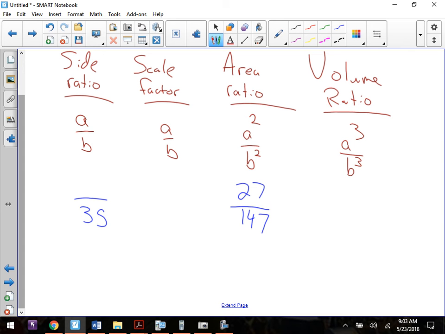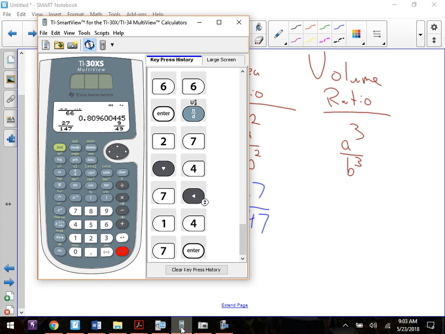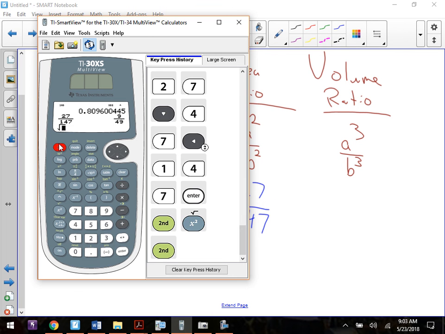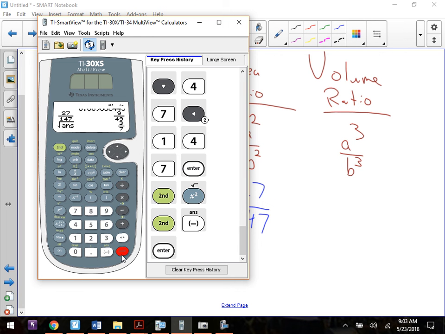First thing I do is throw the 27 over 147 in my calculator, and I hit enter. That simplified to 9 over 49. So that is the simplified ratio of the areas. To get to the ratio of the scale factor, or the ratio of the sides, I have to take the square root of that. So remember, I take the square root of a fraction and you get the square root of each part. You get 3/7.